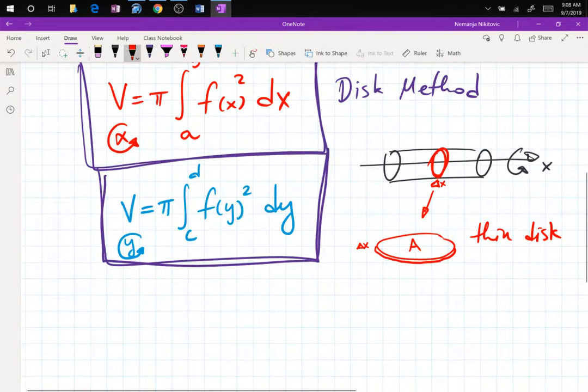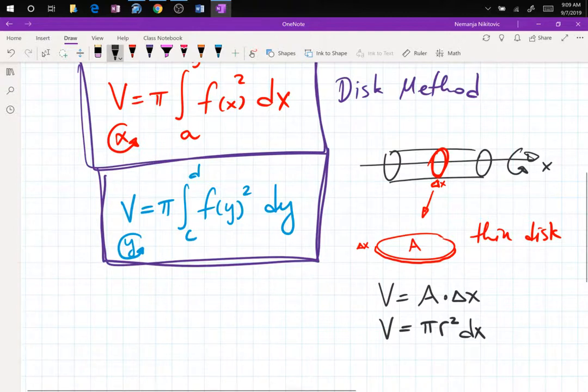So you have this disk, and what is its volume? Volume is going to be area of the disk times delta x, which is the height of the disk. Area is pi r squared, and we know that delta x is equal to dx from calculus 1.